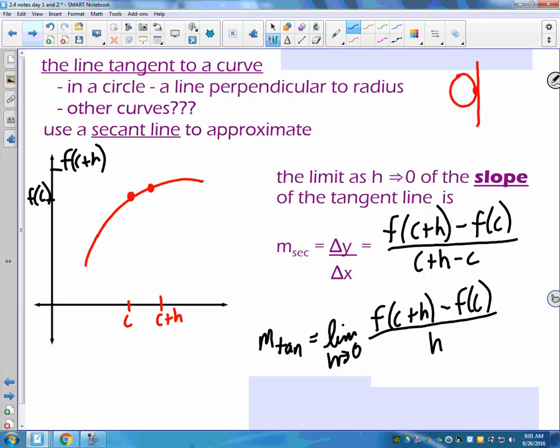And no longer do you have to make a table and approximate. You can just use what we've been learning about limits. If it says find the slope of the tangent line, or find the instantaneous rate of change at a specific point, where I only give you one point, then you can do the limit of that.